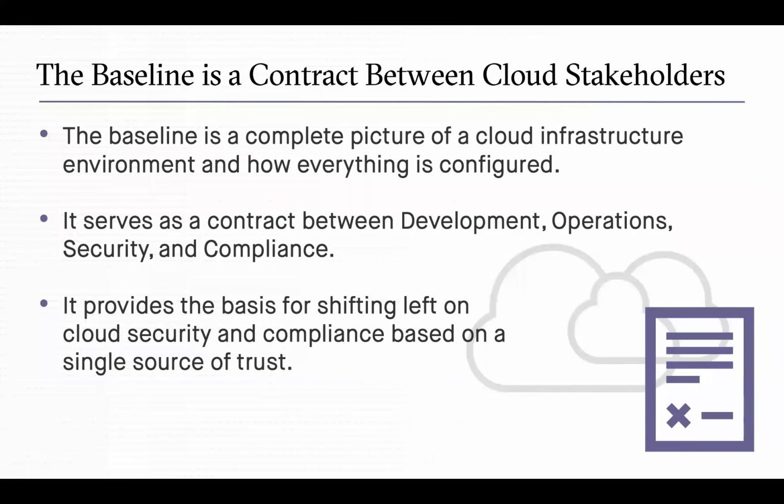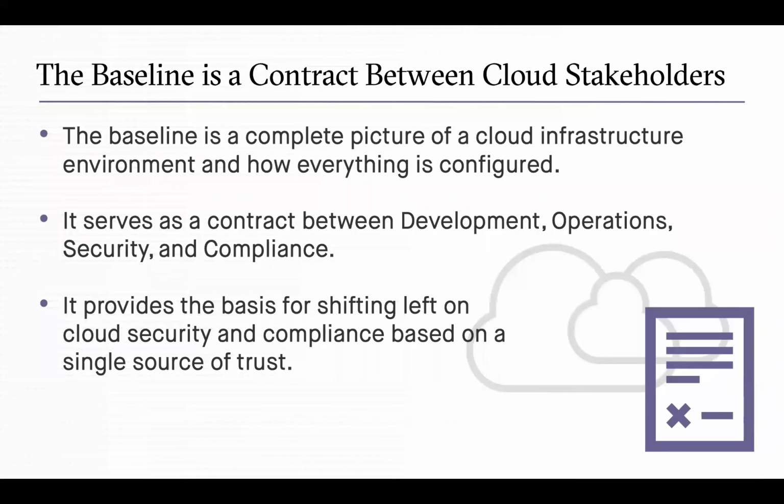And once you have that, you can come to agreement between these stakeholders. It can serve as a contract between development, operations, security, and compliance. Development can say, these are the technologies we want to use that we've deployed. This is how the system should be architected and work. Operations can say, yes, this is going to be high resiliency, this meets our requirements.